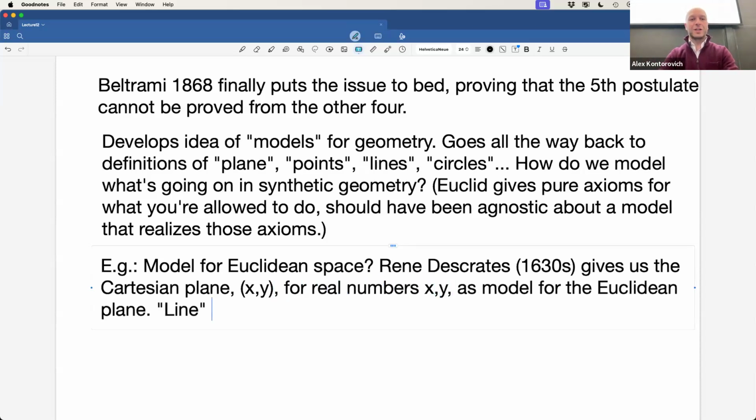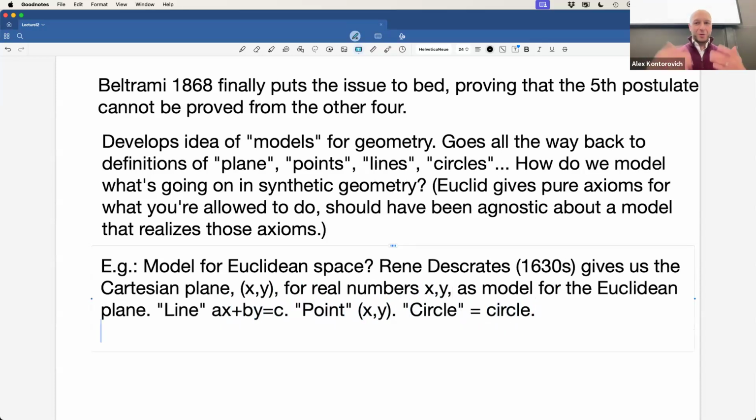What's a line? It's some equation like ax plus by equals c. What's a point? Well, a point refers to a pair of real numbers, x and y, and a circle is what we think of as a circle.